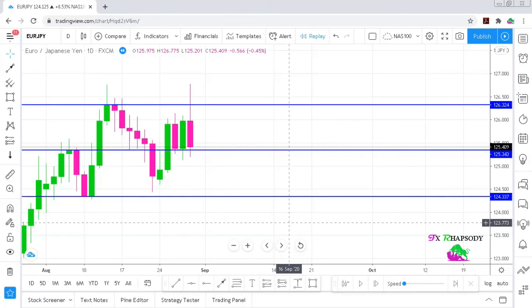For me, drawing support and resistance lines, I purely focus on the 4 hour, the daily, the weekly, and the monthly. Those are very accurate time frames to draw your support and resistance lines.